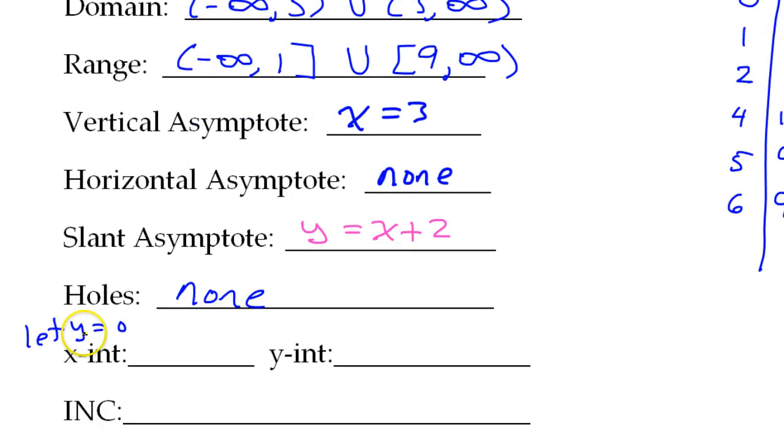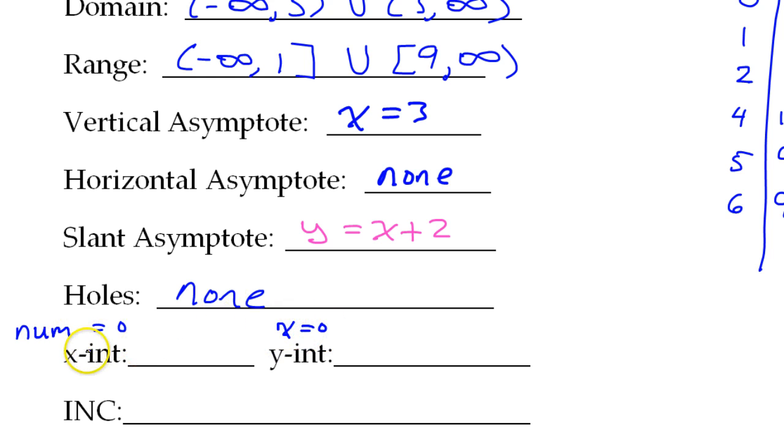In general I say let y equal 0, but for rational functions that almost always comes out to be the same thing as letting the numerator equal 0. And I find the y-intercept by letting x equal 0.